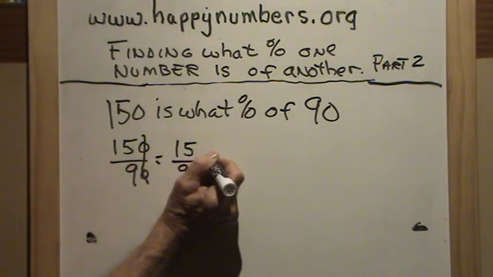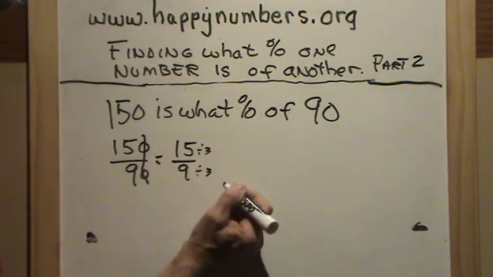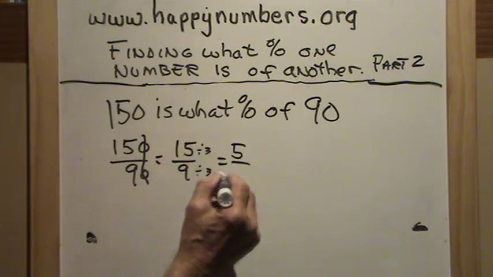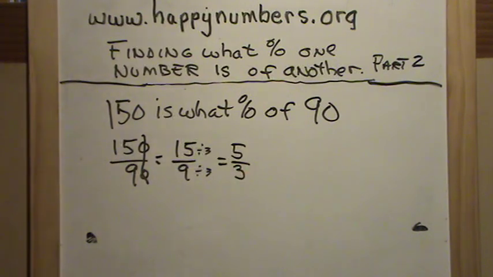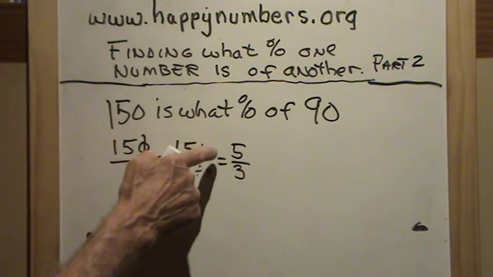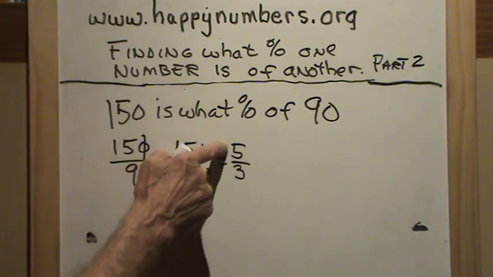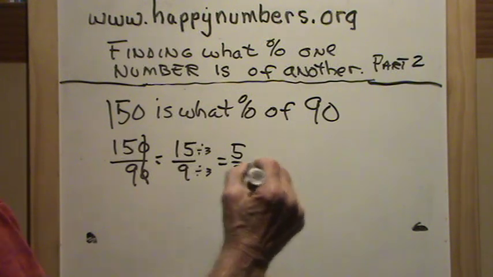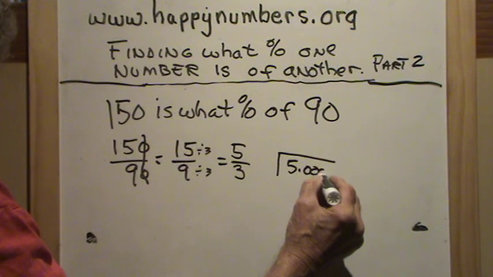And we can divide both of these by 3. 3 goes into 15 5 times. 3 goes into 9 3 times. So now I have reduced 150/90 down to the improper fraction 5/3. And now I can divide 5 by 3.